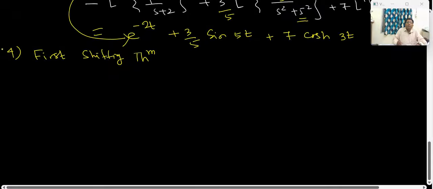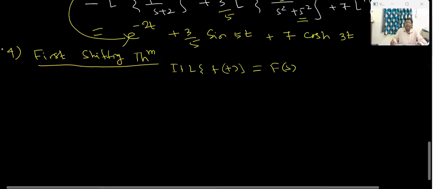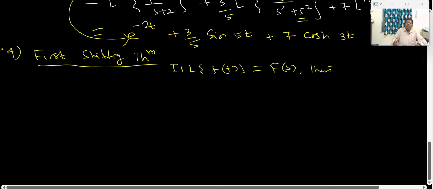You can recall the first shifting theorem from our lecture 3. What is the first shifting theorem? If L of f(t) is equal to F(s), then L of e to the power at f(t) is equal to F of s minus a.